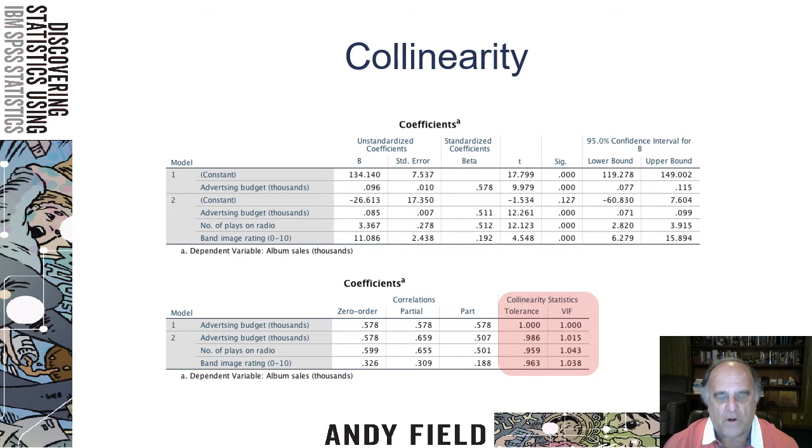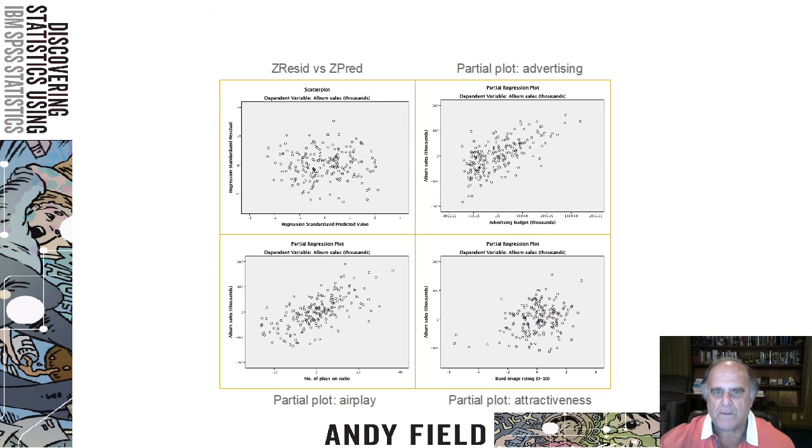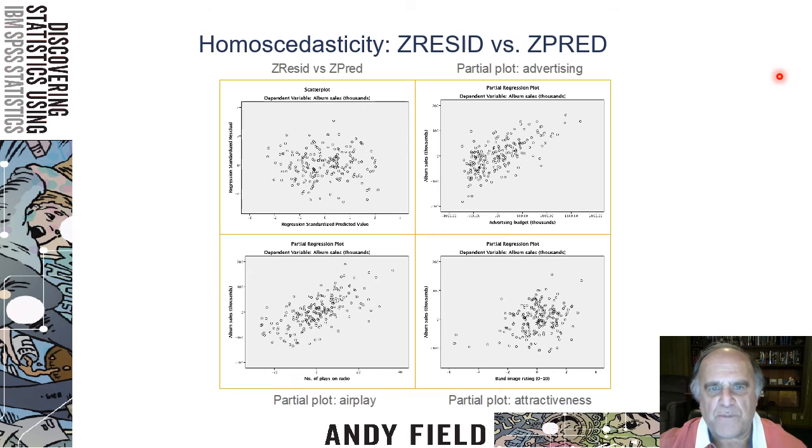And then we have our collinearity statistics. We've highlighted those right here. You can see again, there doesn't really seem to be any issue with collinearity. Here's the predictions.